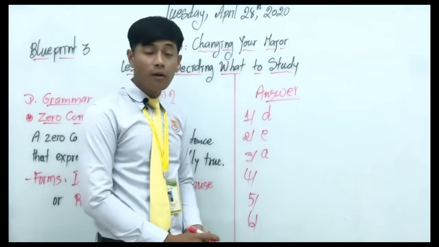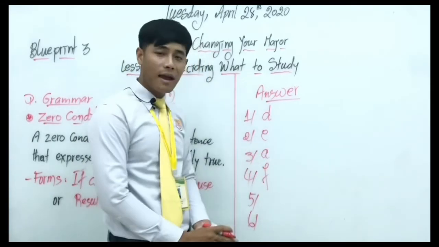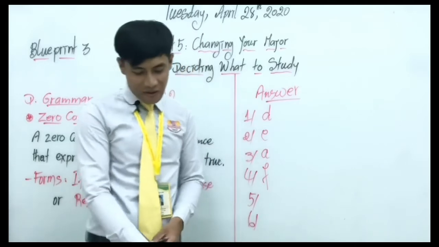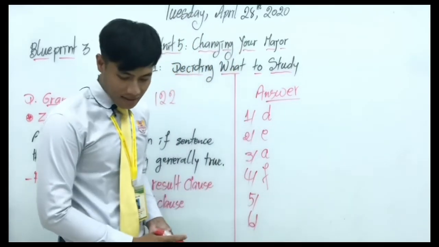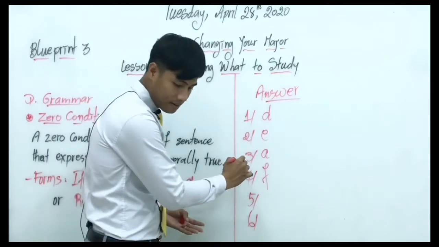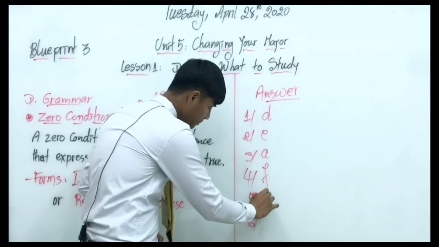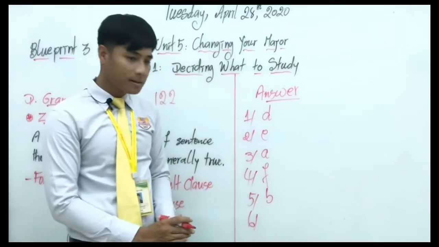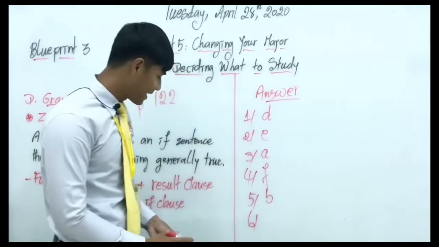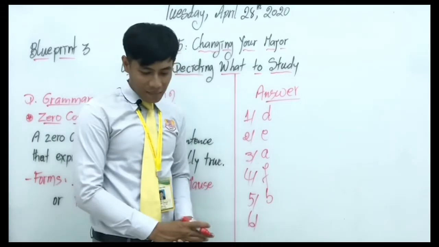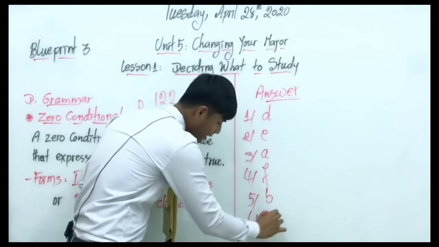Number 4 with letter F. Okay, good job. And how about number 5? Number 5 with letter B. The last one, homework. Just kidding. The last one, number 6, with letter C.